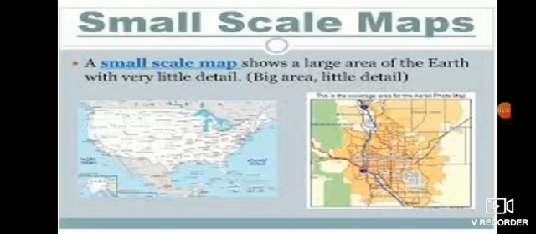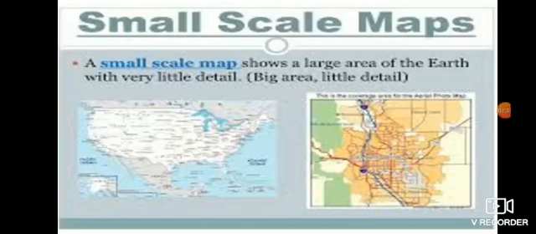An atlas has small scale maps. So a scale that represents a larger area would be a small scale map.